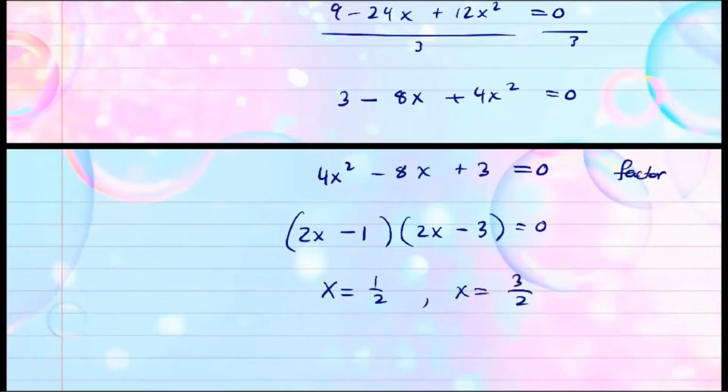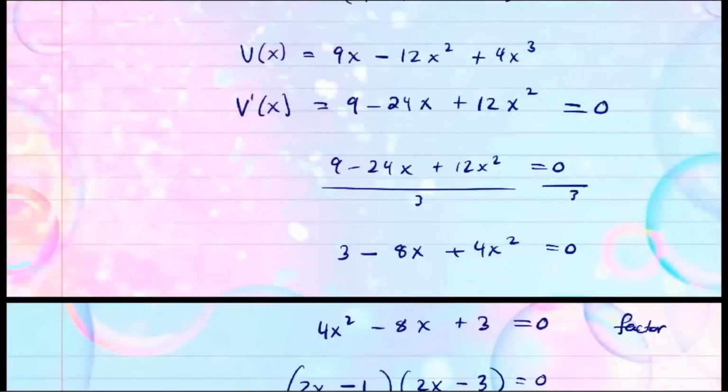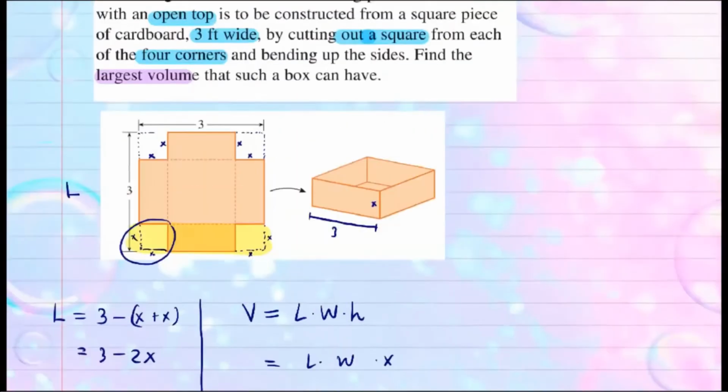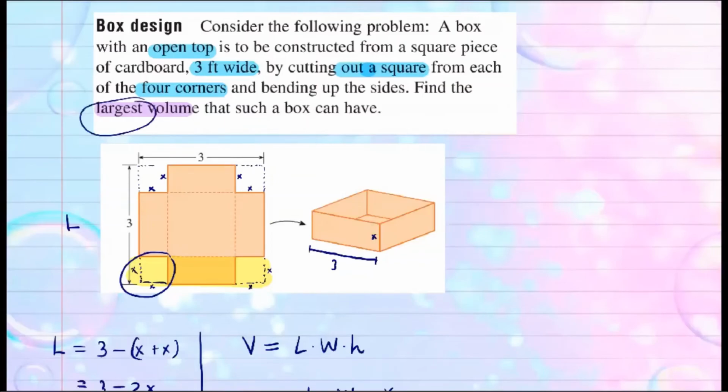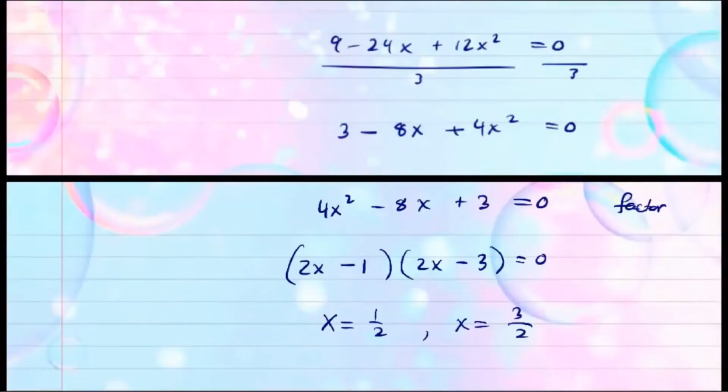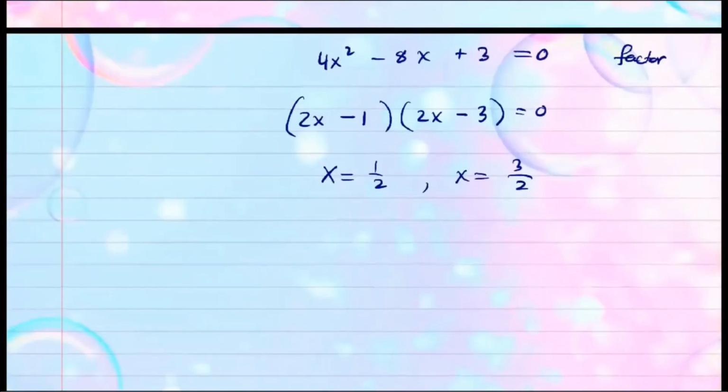But we want to know which one gives us the maximum volume, the largest volume. So we need to test the first derivative function for this. So here's our real line, and we plug them in on the real line, 1/2 and 3/2.